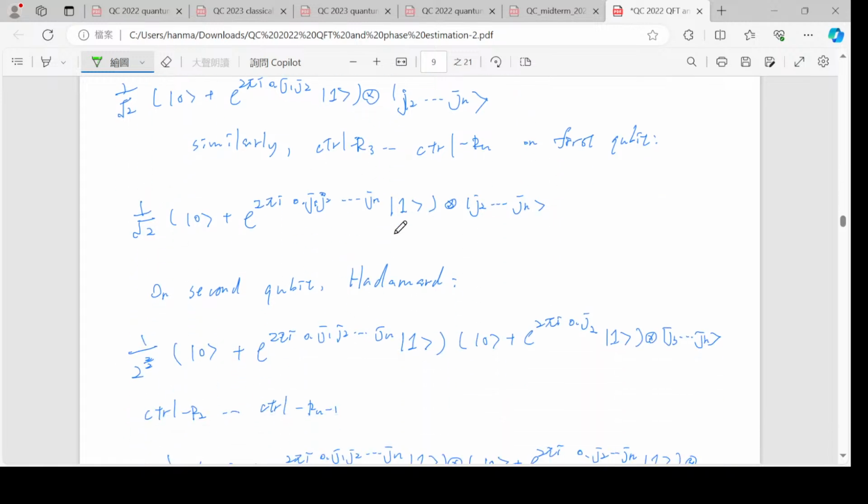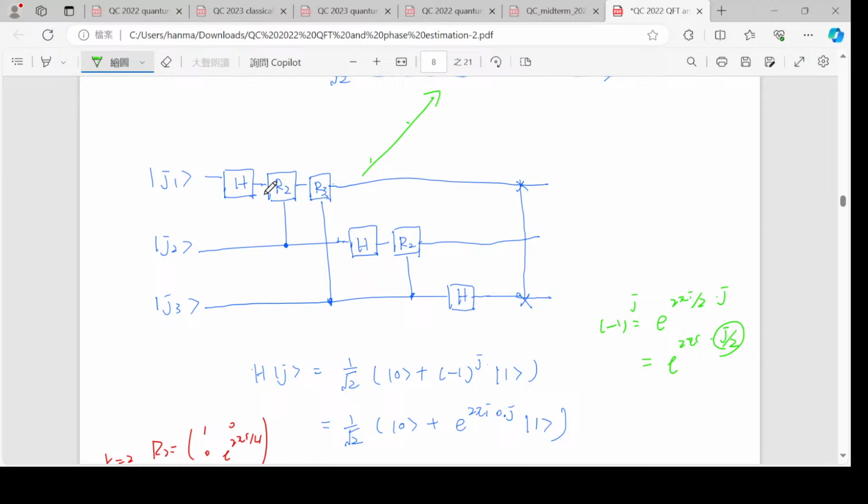Here you can see a little more clearly that you turn the first qubit into this complicated thing, but J2 to Jn is still in the computational basis state. Up until this point, J2 and J3 are still in computational basis state, because you only use them as controls, and the input is a computational basis state, so you are just reading J2 and J3 from that.